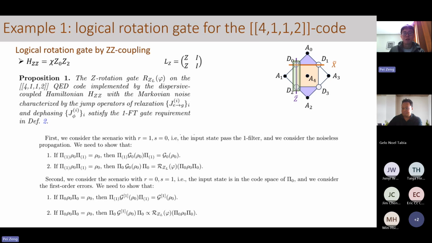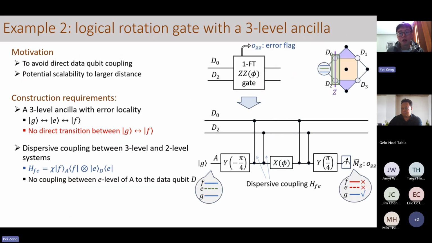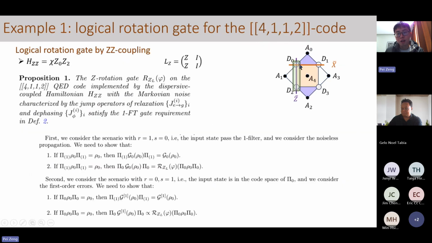But sometimes the experimental people will tell me, okay, this gate is good, but I don't want to introduce a direct coupling between these two data qubits. This Hamiltonian is not achievable, because these two data qubits are not close to each other. So how can we do this Z rotation?